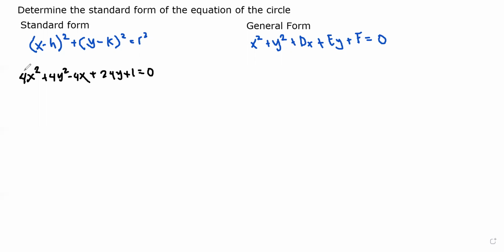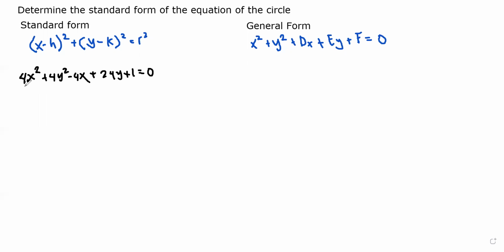In our example, we have 4x squared plus 4y squared minus 4x plus 24y plus 1 equals 0. So for the first step, we have to translate this into the general form of a circle.